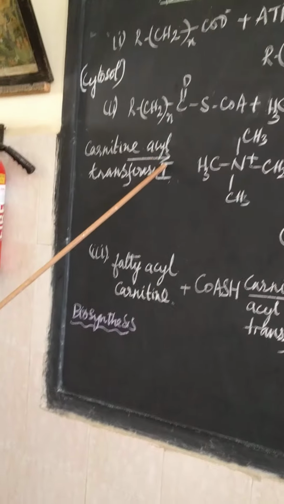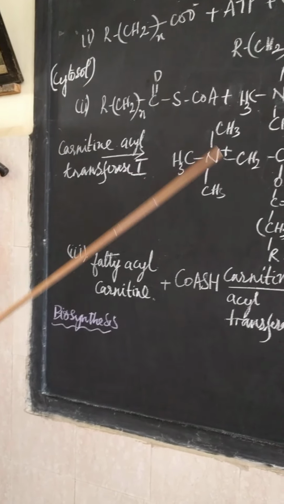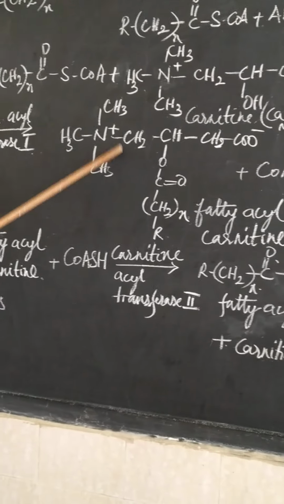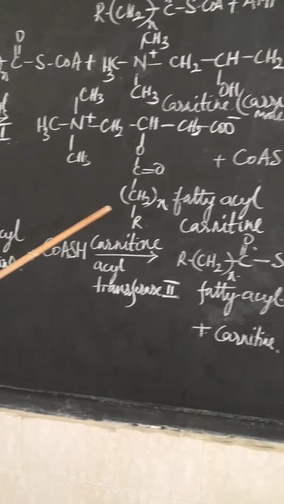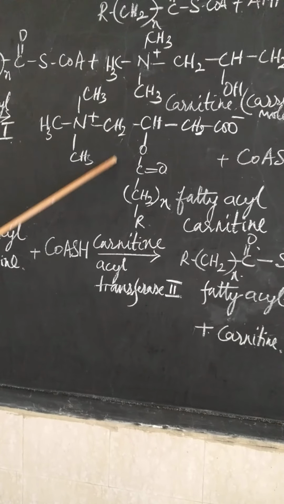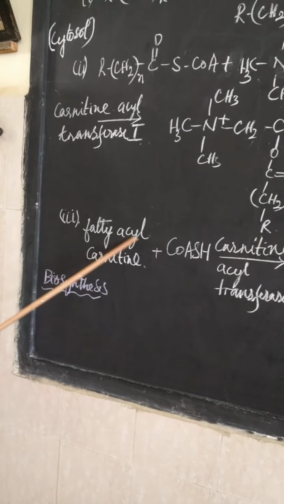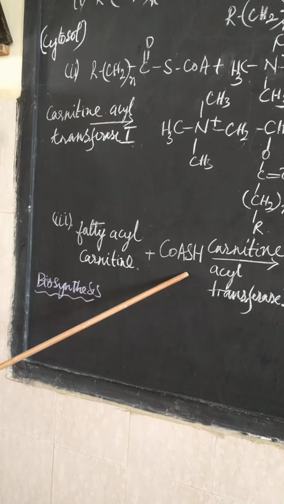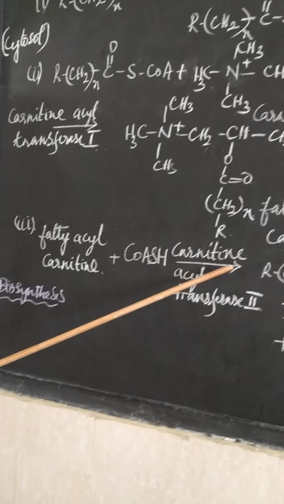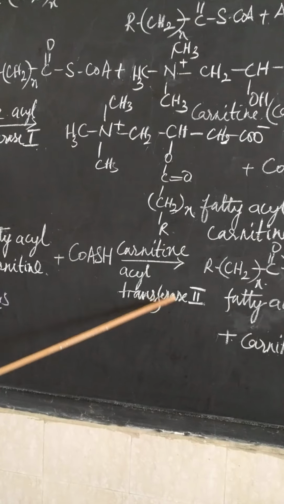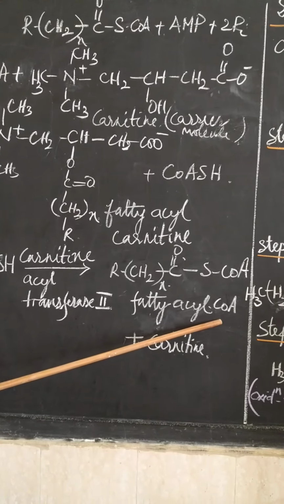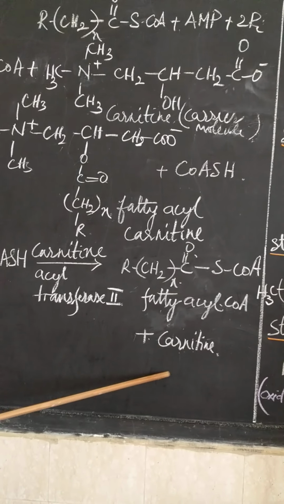Why do we call it 1 and 2? I'll come to that. Now this fatty acyl carnitine, as a carrier molecule, can enter the mitochondria. At the mitochondrial membrane, fatty acyl carnitine interacts with coenzyme A and is acted upon by carnitine acyl transferase 2, which once again makes fatty acyl CoA, and carnitine is left free.